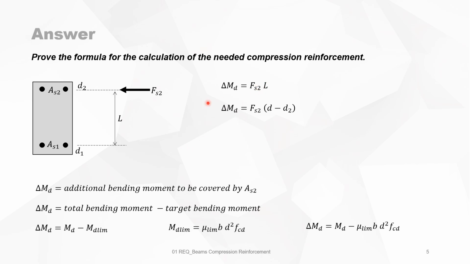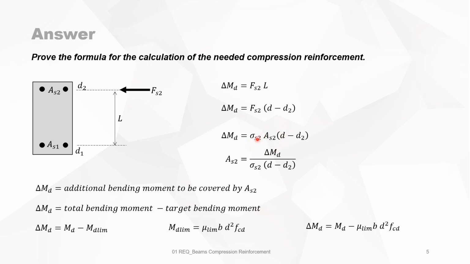So the distance l is the effective depth d minus d2, and the force F_s2 is, of course, the total area of compression reinforcement times the stress in the compression reinforcement, times d minus d2. We do not know at this moment what is sigma_s2.